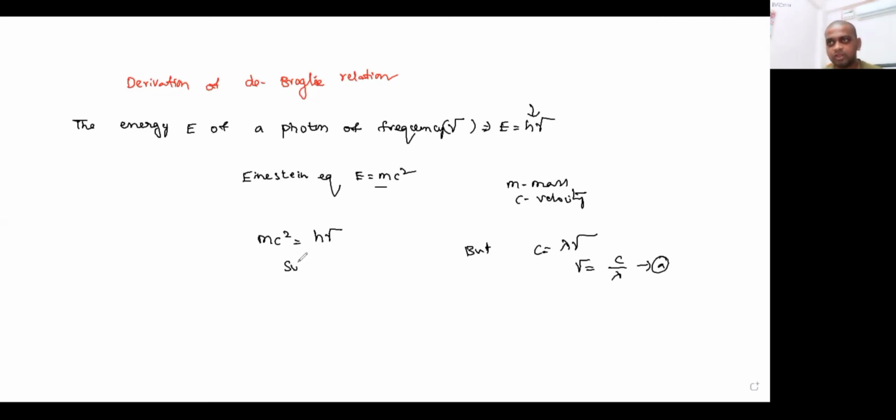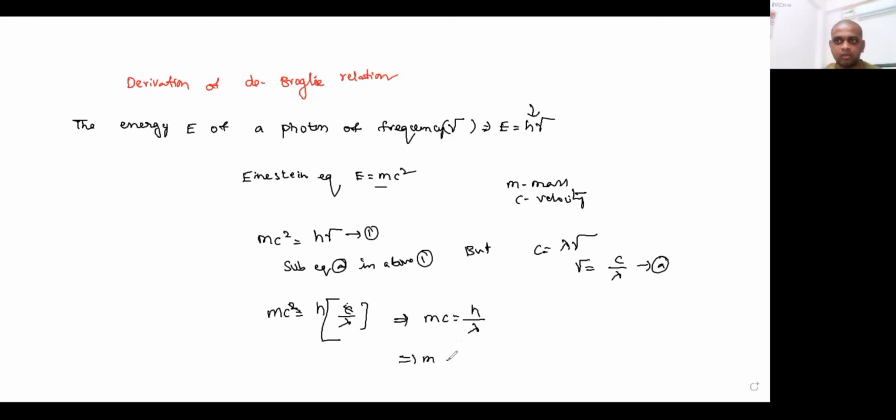Now substituting equation A in the above equation 1, we will have mc square is equal to h into, in the place of nu, c by lambda. The square and c will get cancelled, and you will get m into c is equal to h by lambda.